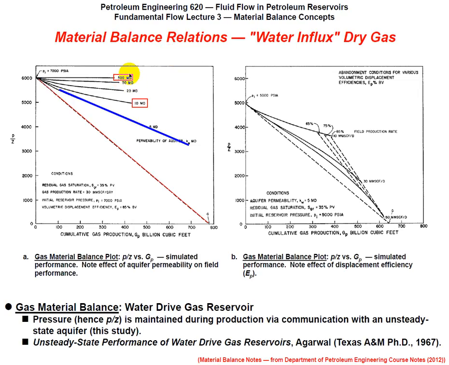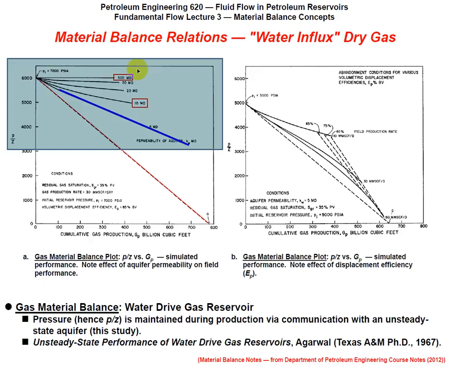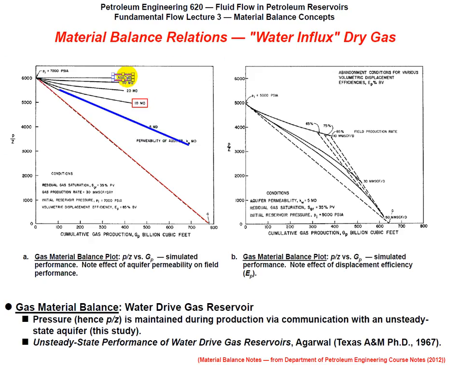If the aquifer is strong enough, what will happen? Why? It will totally recharge the system. Now, in nature, that's probably not going to happen. But in these simulated cases, it can.